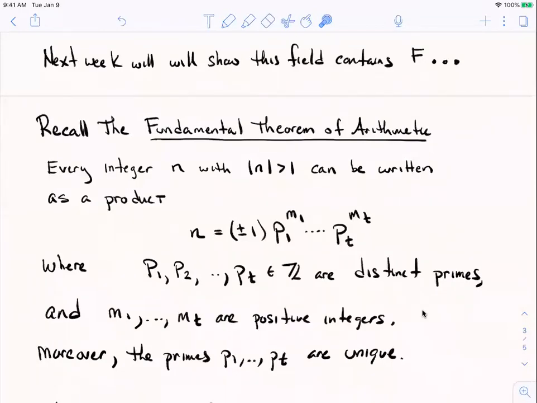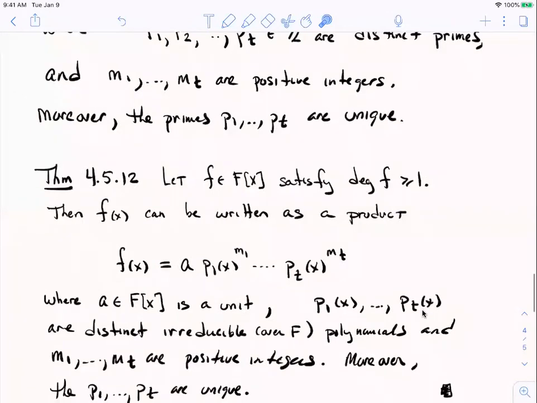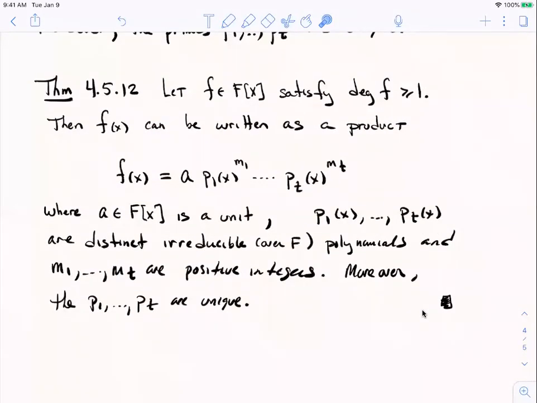And what are prime integers? Prime integers are things that are not 1, and if you factor them, one of the two factors has to be 1. So primes are kind of irreducible integers. All right, so if you kind of digested that, let me just scroll up and show you what our author's theorem 4.5.12 is.